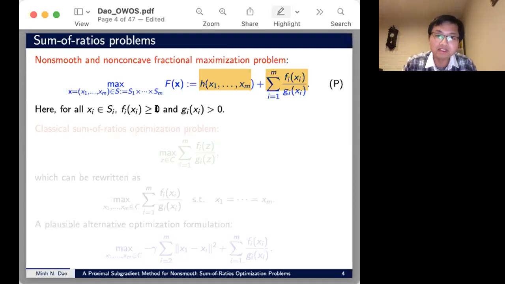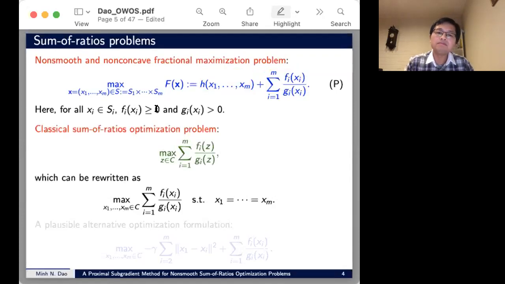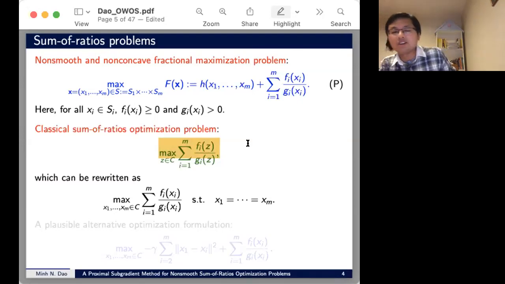This is a standard assumption in sum of ratio optimization problems. And we know that the classical sum of ratio optimization problem has this form: maximum of the sum of ratios, but the ratio is non-separable.